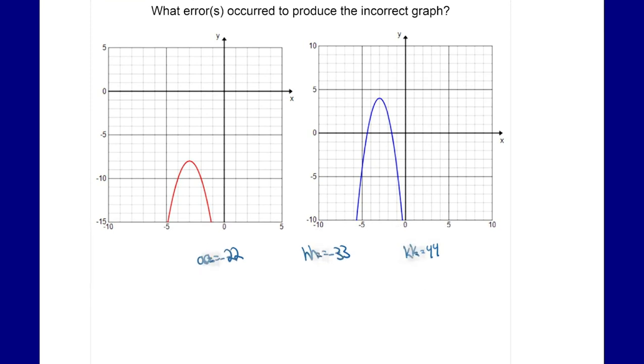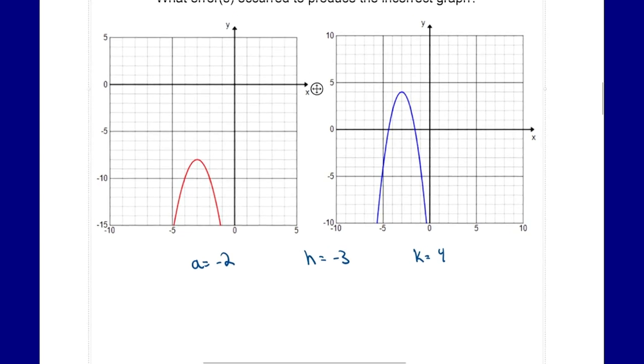So if those are my three parameters, or three values that cause transformations, I can now figure out what transformations I'm actually dealing with. For A being -2, the negative tells me it's flipped. The 2 tells me it's stretched.